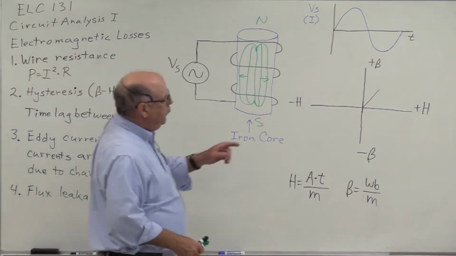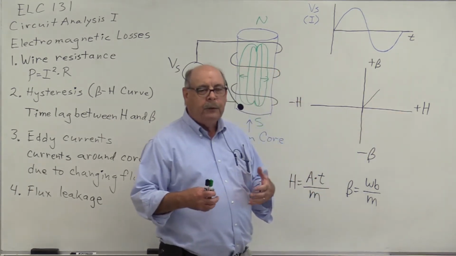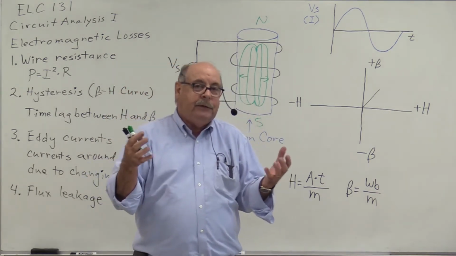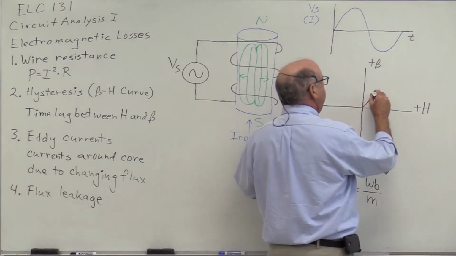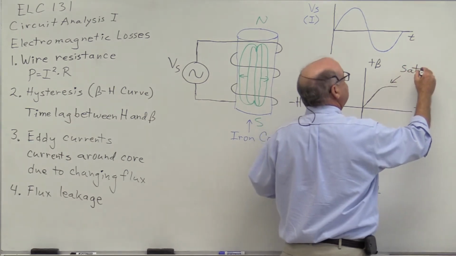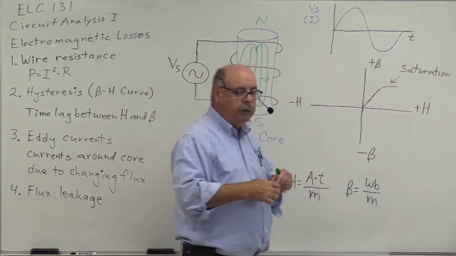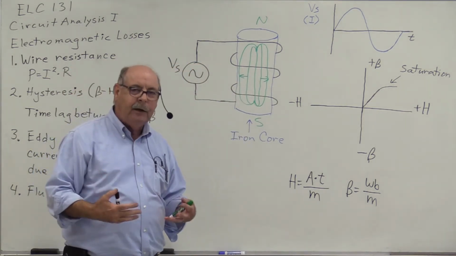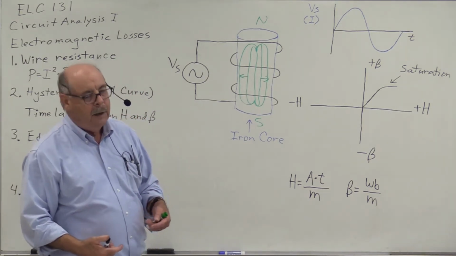But if we keep increasing current, then we reach a point where we simply cannot pull up any more d orbital electrons because they're all pulled up, and we reach a point of saturation. All this means is that regardless of whether or not we increase current, the magnetic flux simply cannot increase anymore because we've run out of atoms to be affected by the flux.